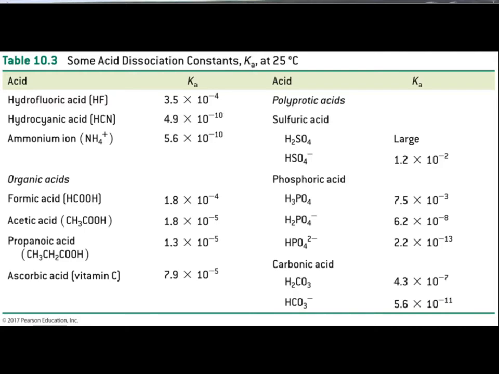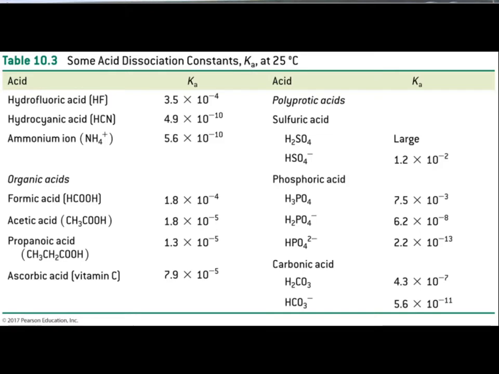So I want you to notice that sulfuric acid, phosphoric acid, and carbonic acid are multiprotic acids, and each step has its own Ka value. So sulfuric acid, H2SO4, was actually listed as one of our 6 strong acids. And so giving up its first proton, it will do that 100%.